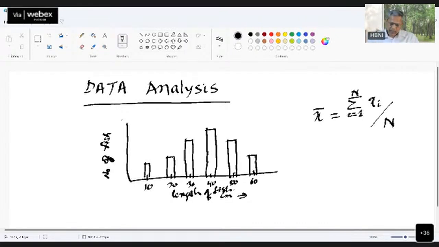And suppose I want to characterize this distribution in a little more precise way, then I can define one more parameter. Its average is a certain value, x average, and I want to know how much it has scattered around the average. So then I can write what is called the variance of the sample.